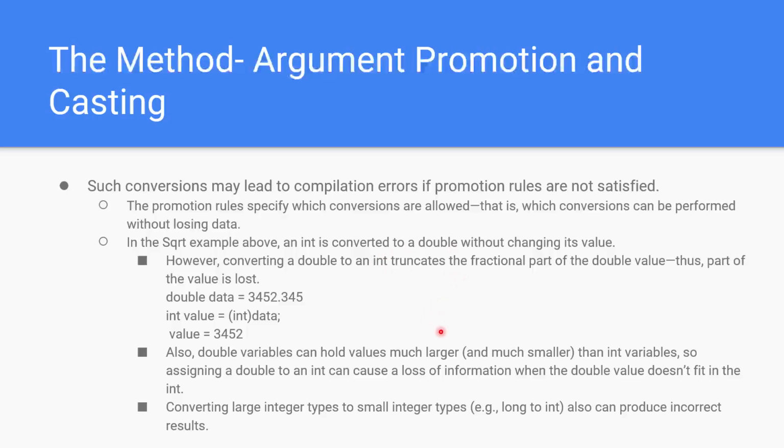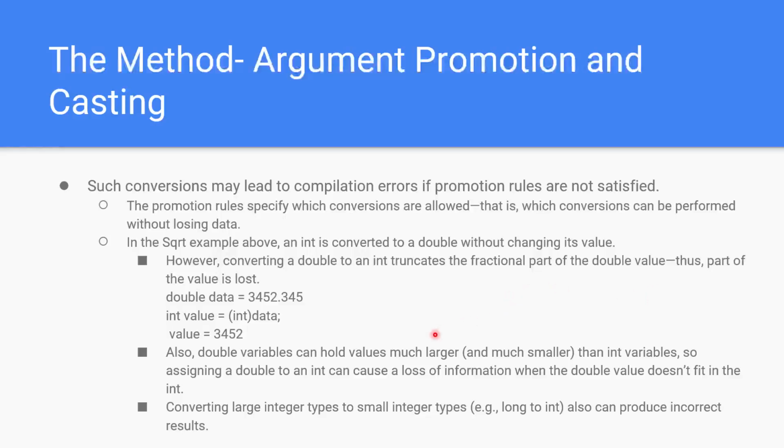The promotions or conversions can be error prone, so they're not always reliable. The promotion rules specify which conversions are allowed and which conversions can be performed without losing data. We saw the square root example. If we take a look here, though, converting a double to an int truncates the fractional part of the double value.